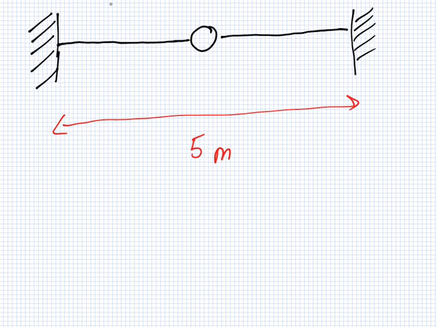I mean the length when it's not doing anything, its rest length. So actually let's make this an even number, let's say 6 meters. The natural length here is 1 meter, and the natural length here is 1 meter. The constant here, let's say it is 10 newtons per meter, and the constant here is 20 newtons per meter.